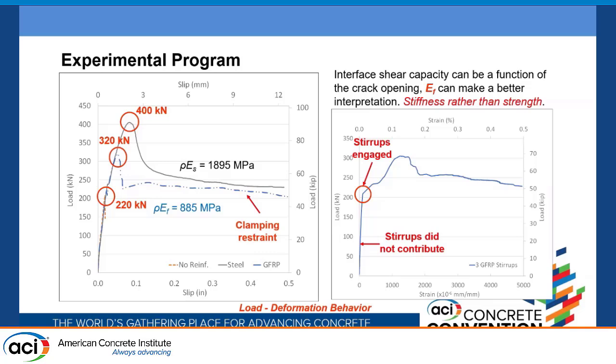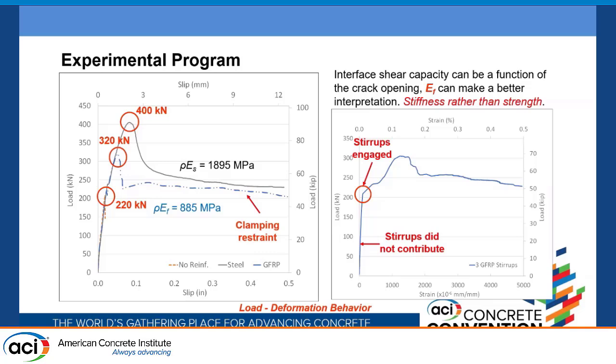But in this phenomenon, we need to take into account that all the parameters that contribute to the interface shear transfer capacity don't provide the maximum contribution at the same level of slip. For example, the maximum contribution of the dowel action appears when the peak load of the test has already been achieved.